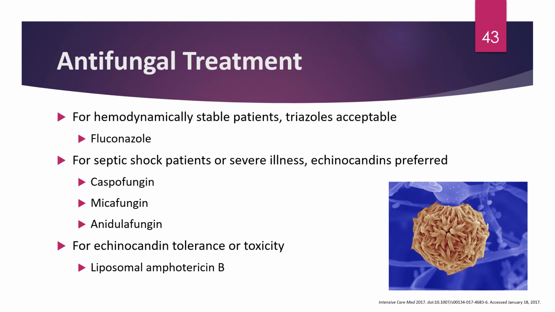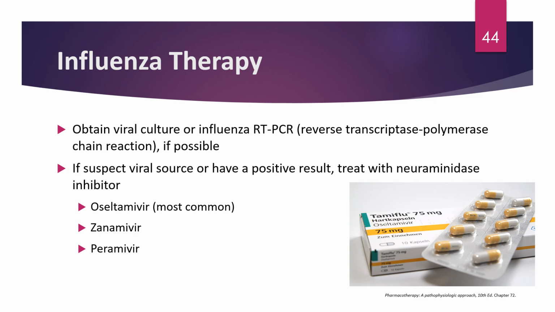Patients that have either confirmed or suspected influenza, a lot of times the first step is going to be to obtain either a viral culture or a flu PCR, as we'll call it, or an RT-PCR. If the influenza is confirmed or it's still suspected, we will usually treat those patients with a neuraminidase inhibitor, the most common being oseltamivir or Tamiflu.